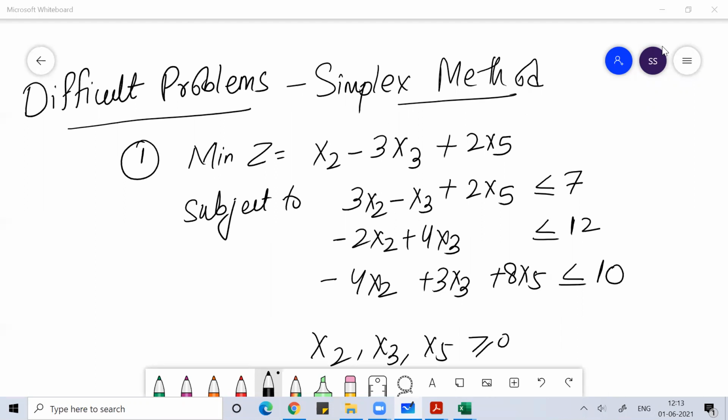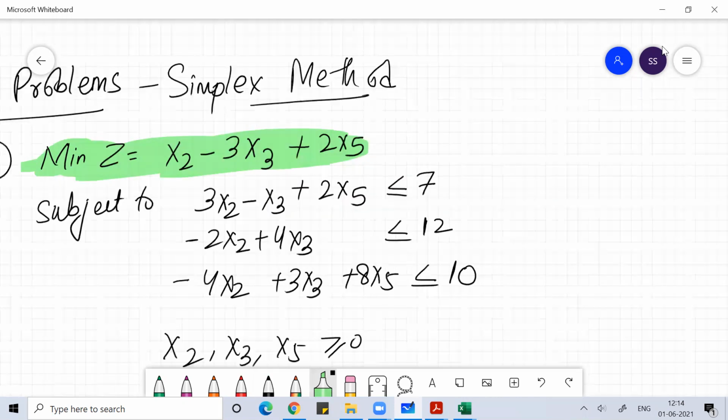And for simplex method, whenever you see the problem, the objective function cannot be minima. So if your objective function is minima, you need to convert this minima into maxima. So how will you convert this minima into maxima?